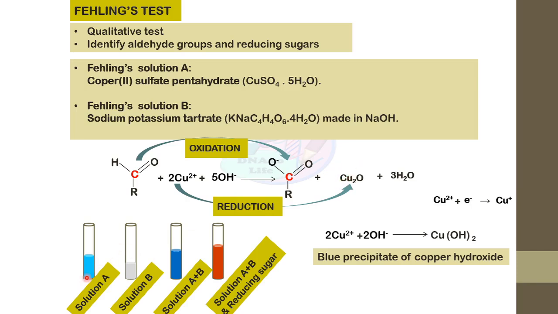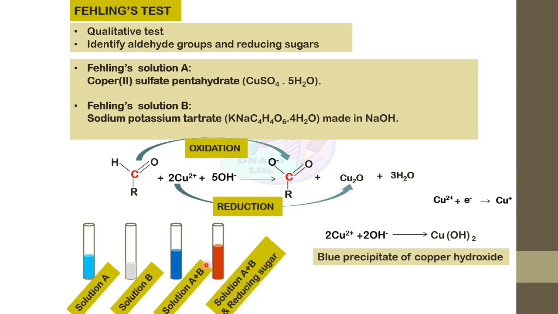If you look here, this is solution A, the solution of copper sulfate. Its color is blue because of the presence of copper ion. The second solution is sodium potassium tartarate in NaOH, which is an alkaline solution. Before the experiment, we mix solutions A and B, then we add sugar samples to this solution, and then we heat it.